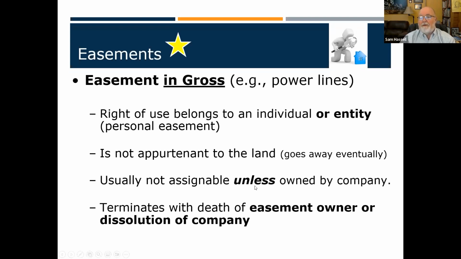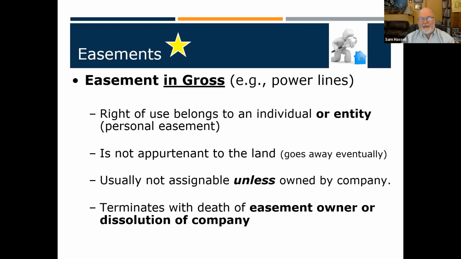So the power company can't say to the gas company, well, you can go take our easement and go use it. You just go on the land. No, that's not going to work. They're going to have to do it directly. They can't do that. All right. So it's not assignable. Ultimately, it goes away if they take the power lines down or they don't repave the roads, is what I meant to say.